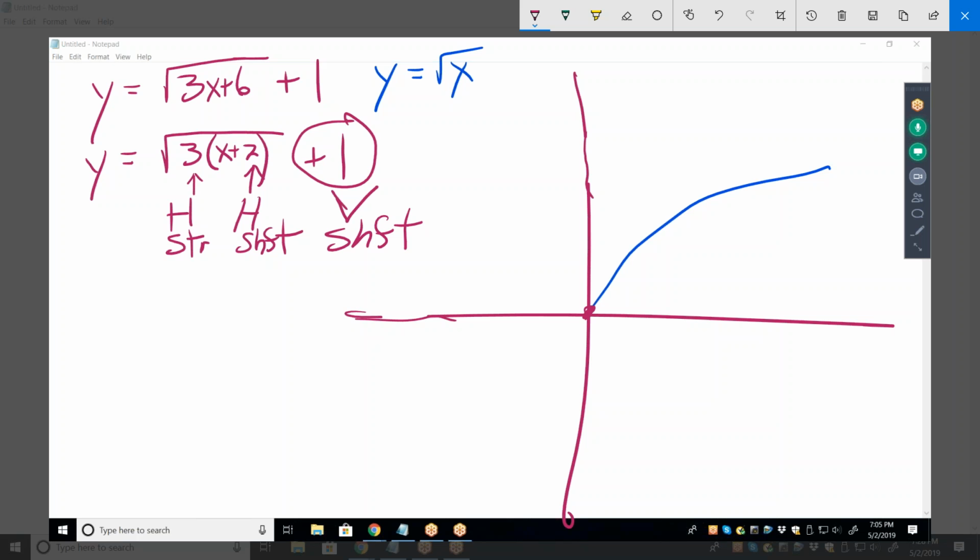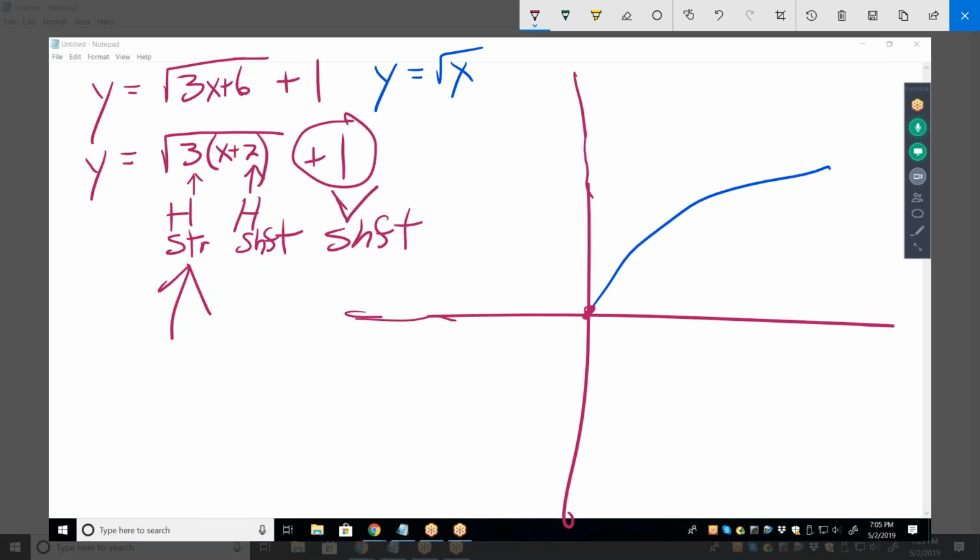Okay, so we're going to take each one of these at a time. Let's start there. There's no reflections, right? There's no negative signs anywhere. So we don't have to worry about order. We can do them in any order we want, as long as there's no negative signs. If there's negative signs in front of the x or in front of the function, we have to do those first.